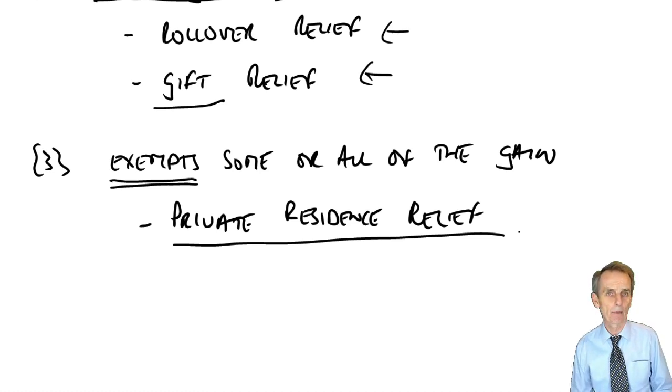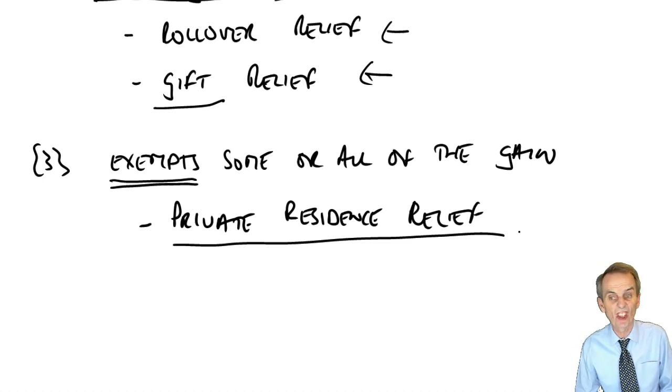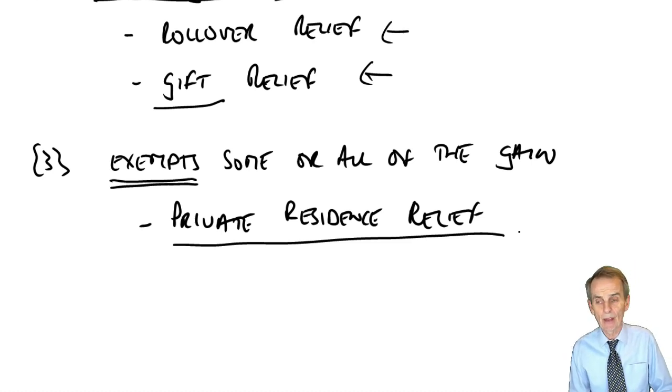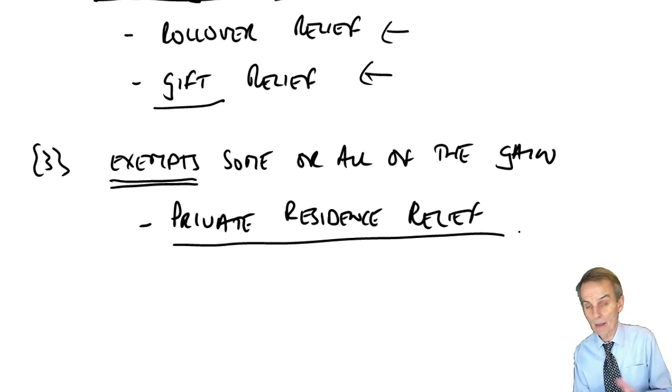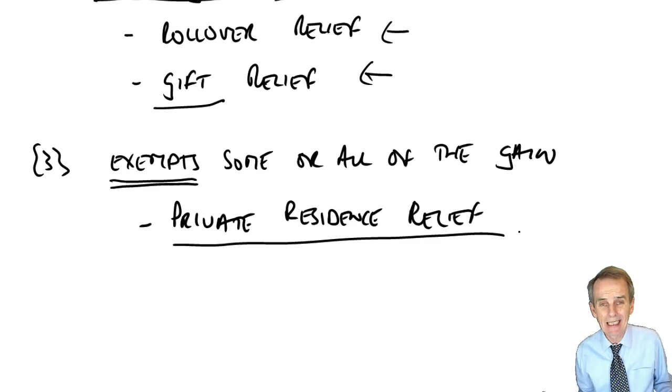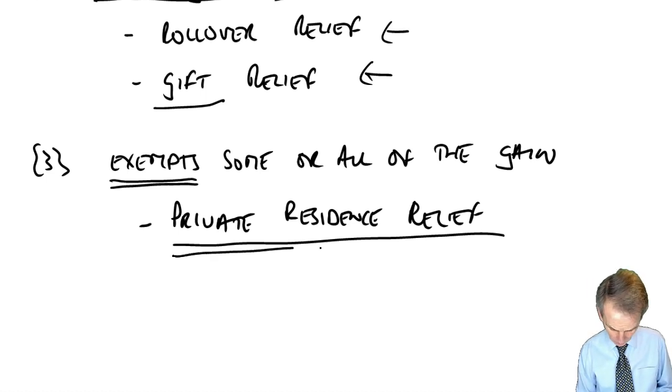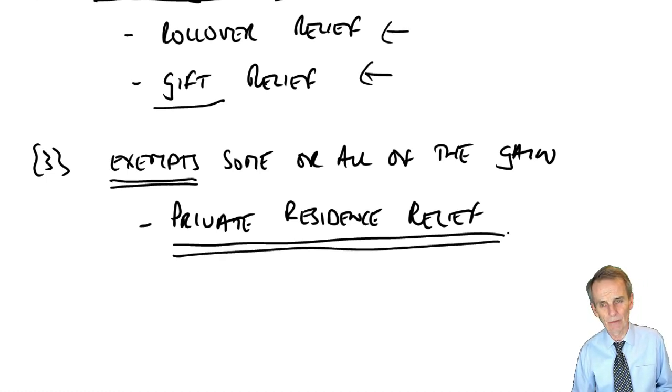Now, millions of taxpayers, probably millions each year, dispose of their homes. They sell it, they buy another one. Or maybe they trade down, whatever. But it doesn't matter, because if that is their private main residence and it qualifies in full for private residence relief, then that gain will be exempt.